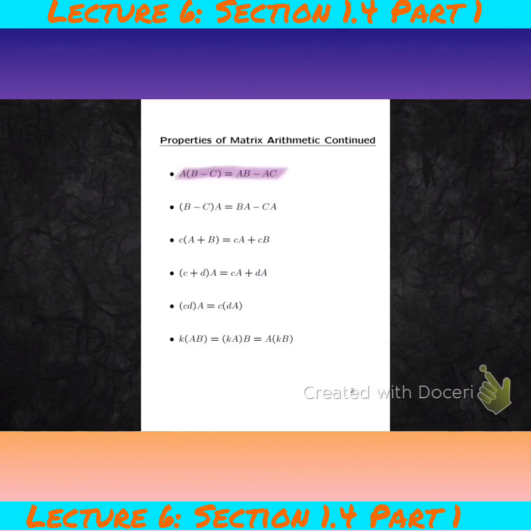Then also another variation is if you multiply the difference between B and C on the right-hand side with A, and that is going to be BA minus CA.